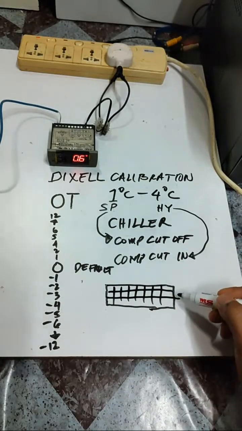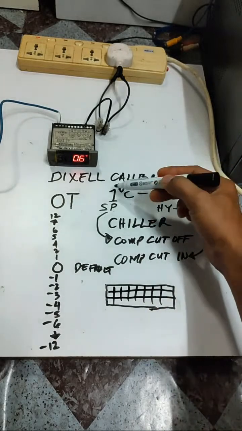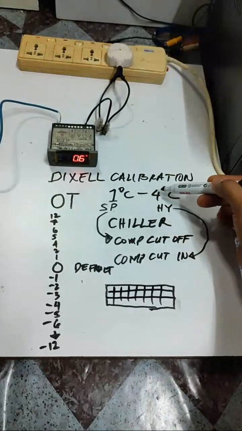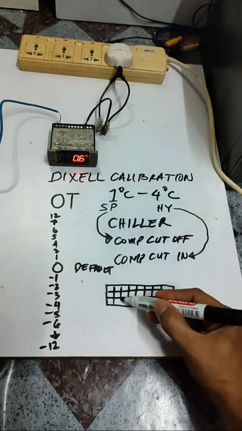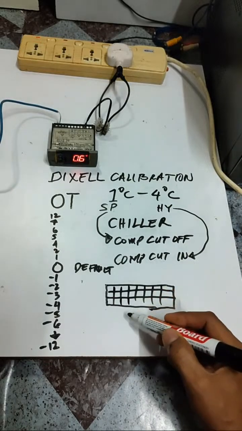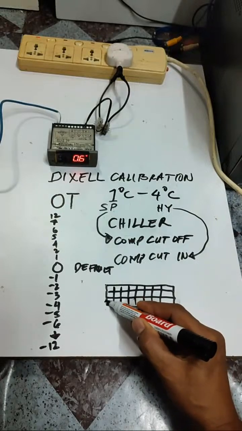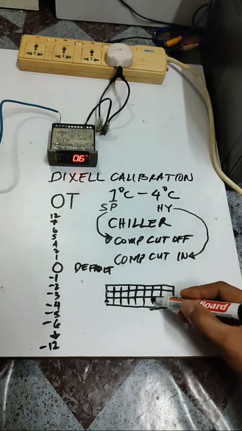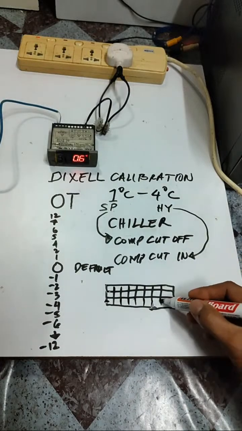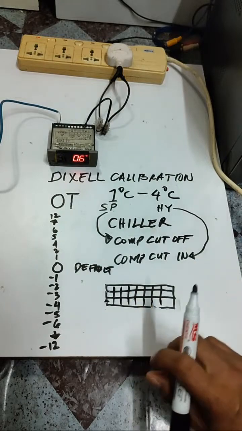The temperature for the make table ranges from 1 to 4 degrees Celsius, and our sensor is located here, under the bowl. I hope you know what I'm talking about here. It's all about the topping chiller or make table.